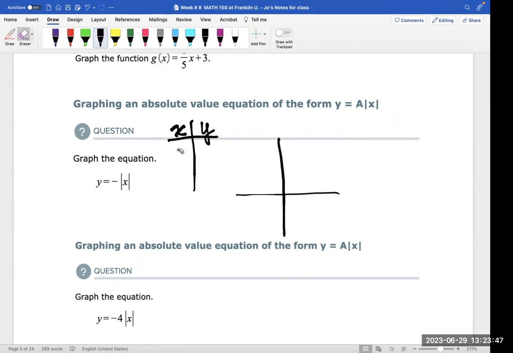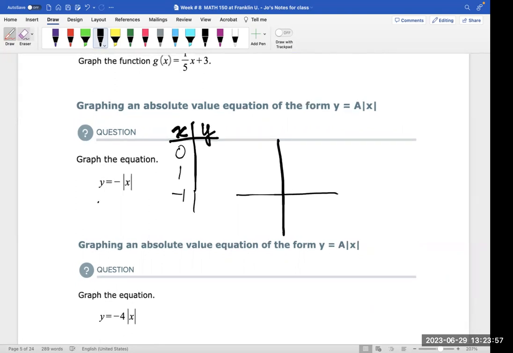I like to pick easy numbers, so I'll start off with something like 0, 1, and -1. And I'm going to use the function notation. F of 0 is the same thing as the opposite of 0, so that would be 0.